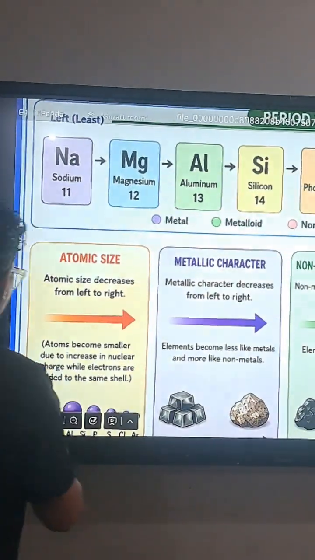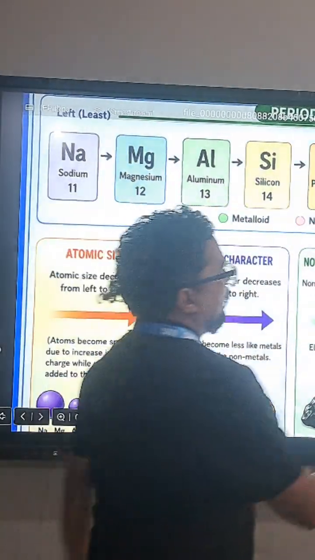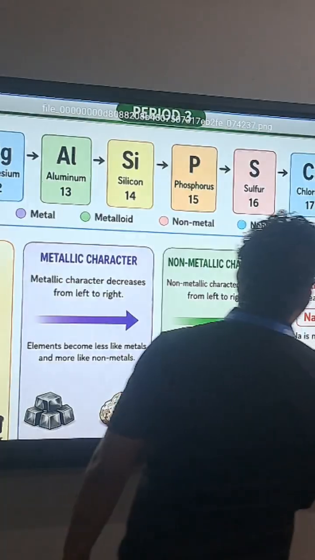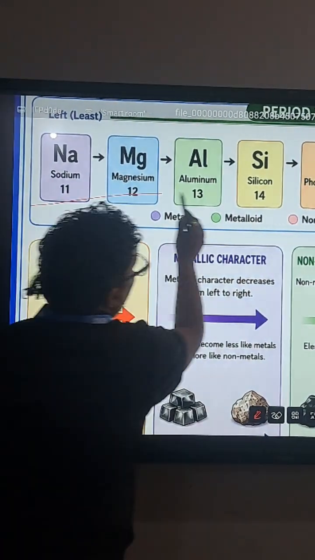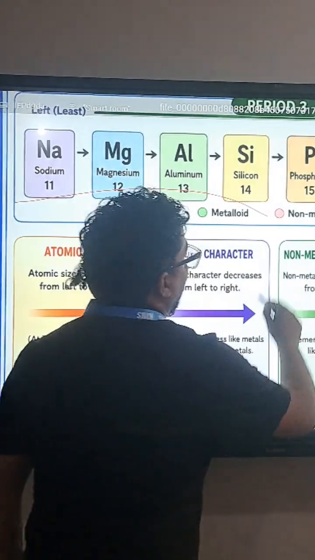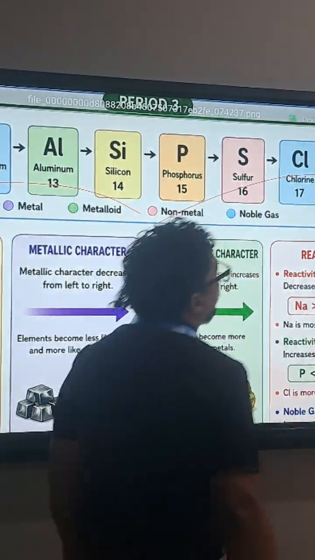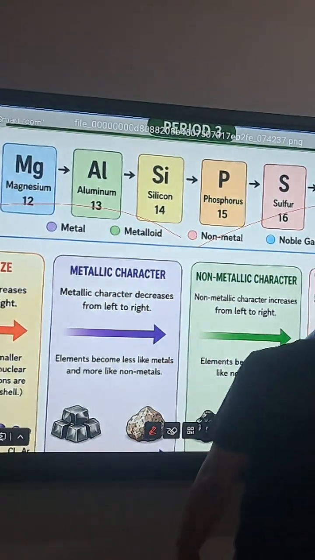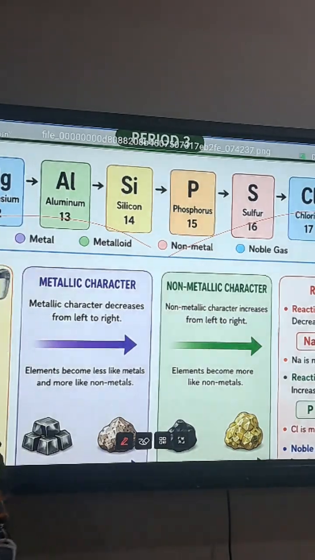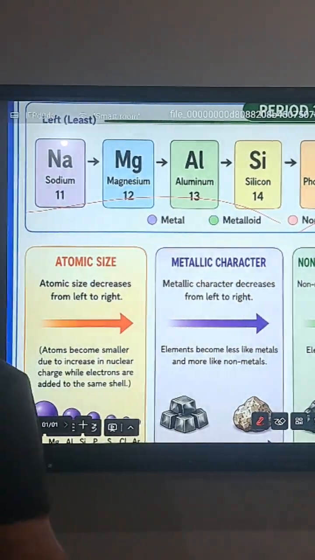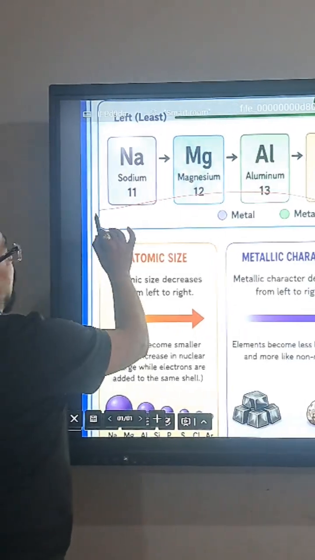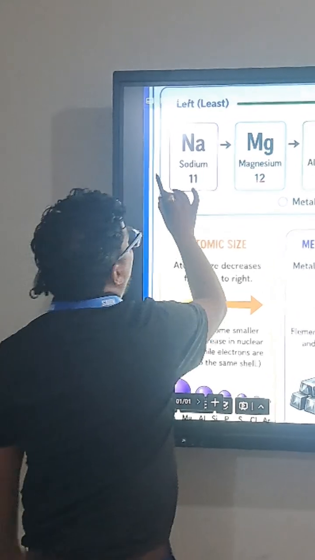We have already discussed. So from the above conclusion, what we found is that reactivity first decreases and then reactivity increases. What happened to the reactivity when we move from left to right?